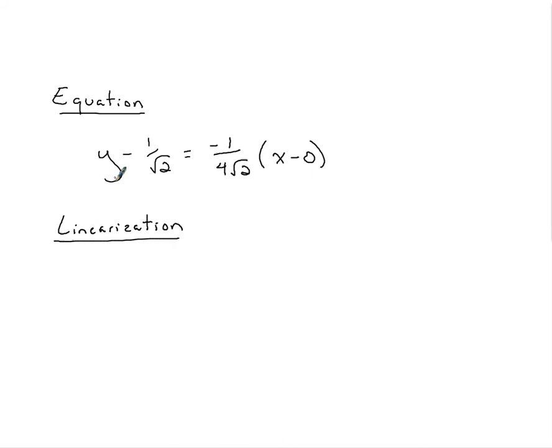If you solve for y, you're going to take this negative 1 over root 2 and add it over. So when I add it over, I've got negative 1 over 4 root 2 times the quantity x minus 0, or just times x. And we're adding on 1 over root 2, right? That's the right side here. And that all equals y.